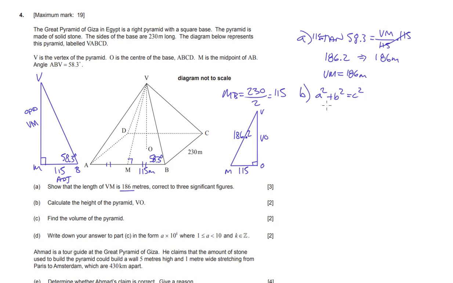So let's say a is VO, b can be 115, and the c, remember, is always across from the right angle. So in this case, it's going to be the 186.2. We're going to square that as well.